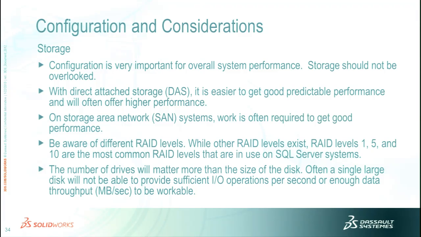So RAID can be a nightmare as well. RAID 10 is probably the best one for performance. It's also the most expensive RAID level, where it mirrors data, but you have to have 4 disks for a single RAID 10. So it's probably RAID 1 or 5. Stay away from 0 or anything else if you're dealing with RAID.